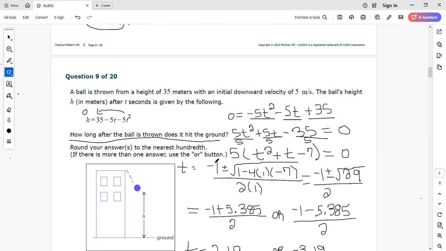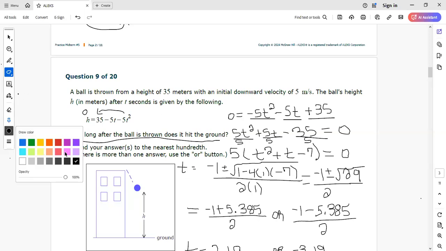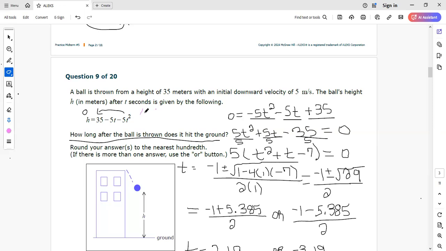Negative b, our b term, in this case is 1, right? We identify our terms, our b term. Remember our quadratic form, so ax squared plus bx plus c.